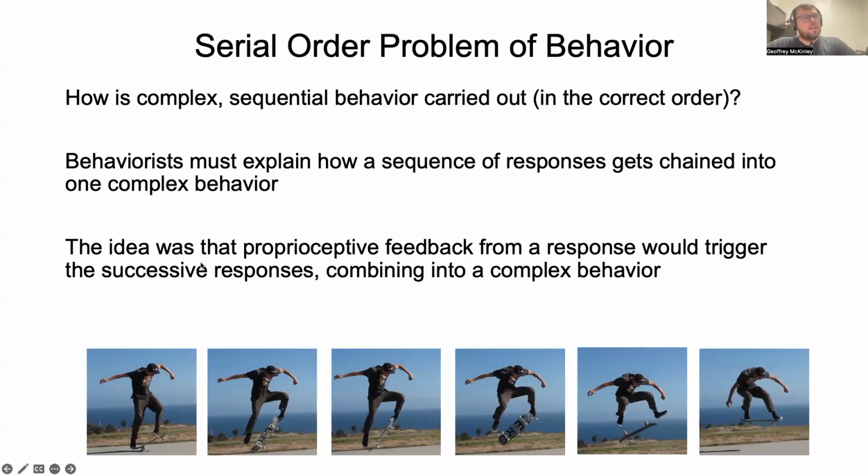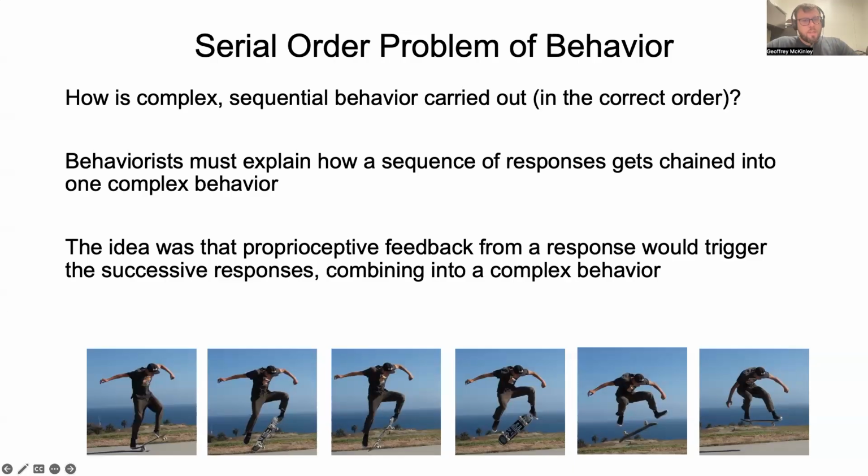The idea here was that proprioceptive feedback, which could be any kind of feedback, visual feedback, but also the way your muscles feel, where you can perceive where they are in space, that kind of thing, from a given response would trigger successive responses, which would end up combining into a complex behavior, right?